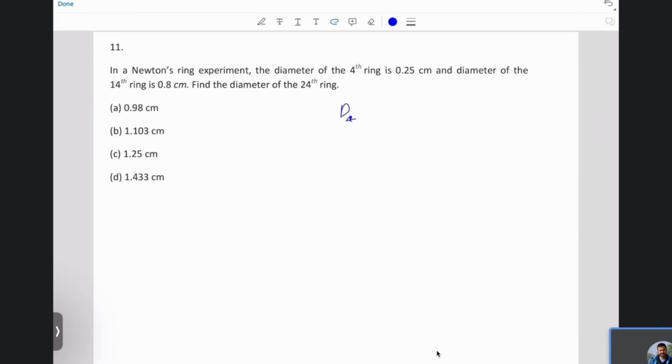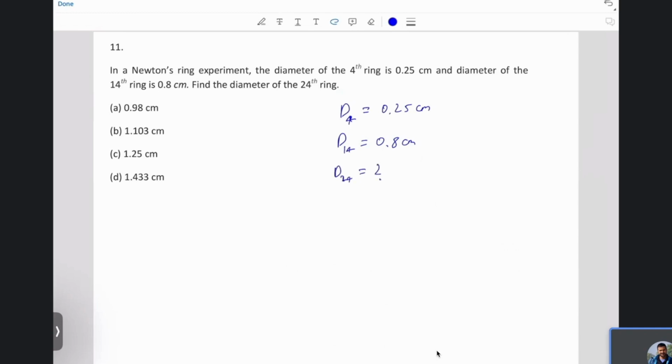So the diameter of the fourth ring is given, and the diameter of the 14th ring is given as 0.8 centimeter, and we have to find the diameter of the 24th ring.